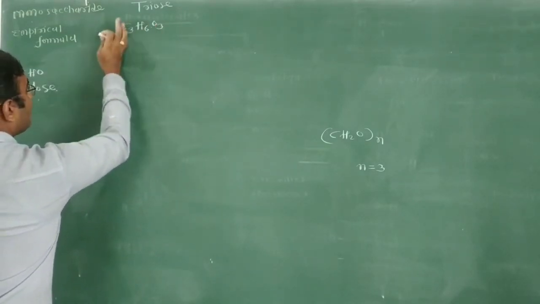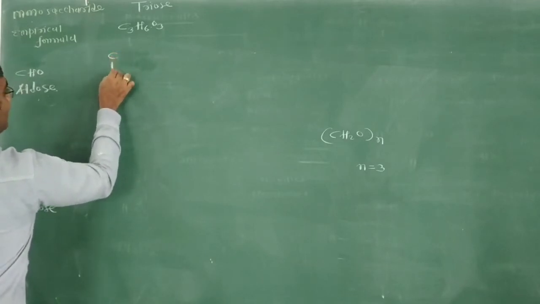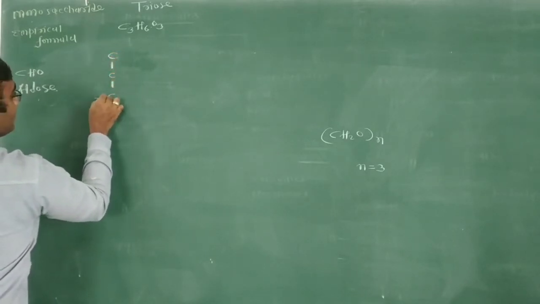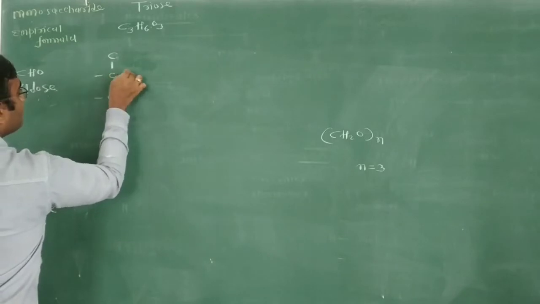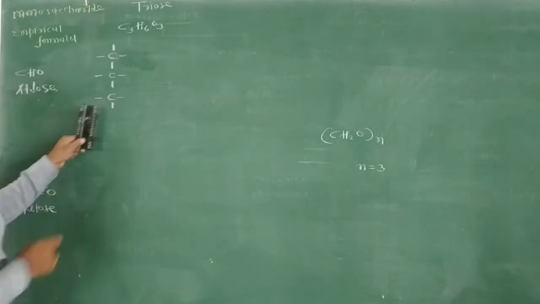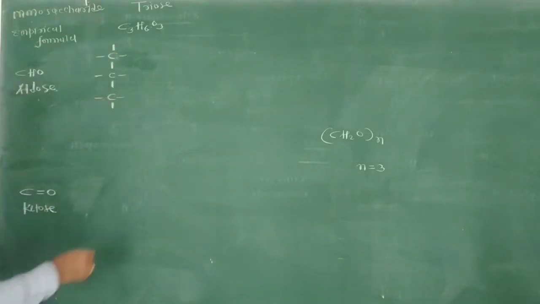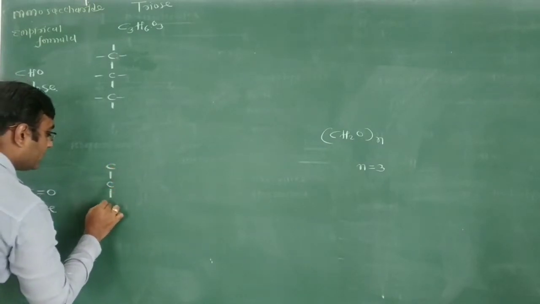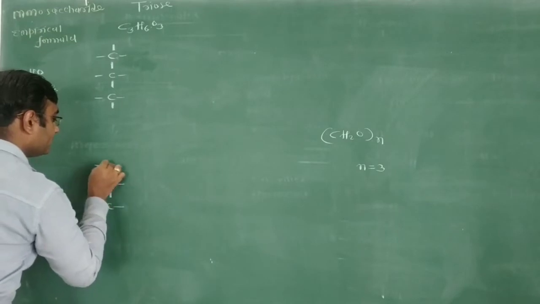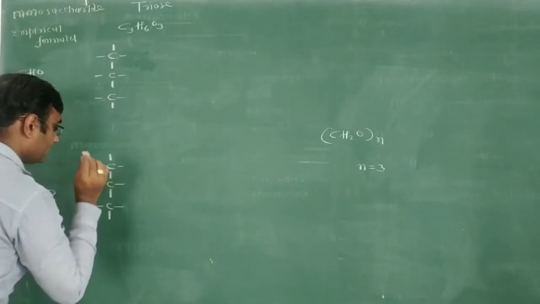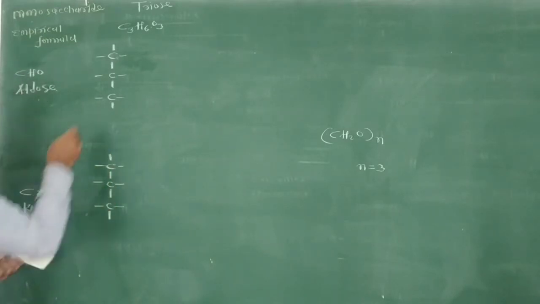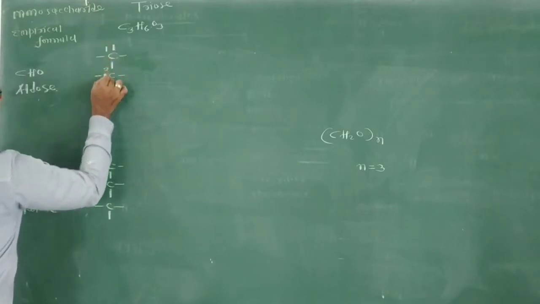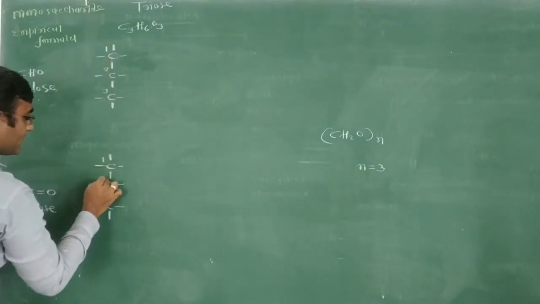So write 3 carbons in sequence, and carbon has a valency of 4. Here we prepare the aldotriose and the ketotriose, made up of 3 carbons: first carbon, second, third, first, second and third.